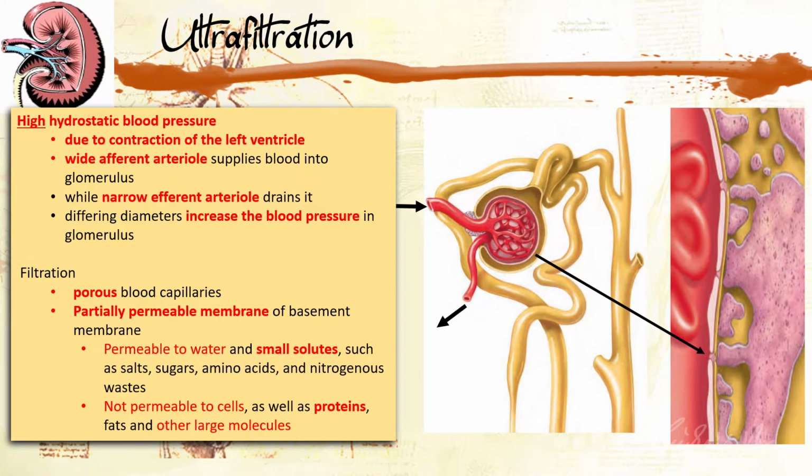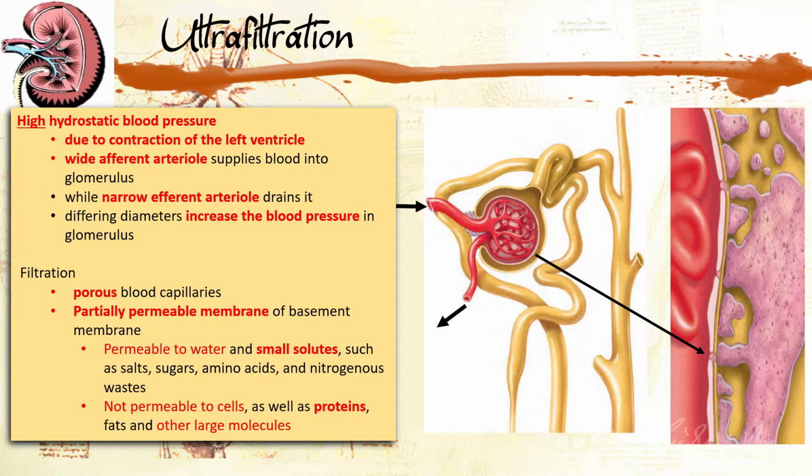What will be filtered out will be water and small solutes such as salt, sugar, amino acids, as well as nitrogenous waste. Things that stay inside our blood will be red blood cells and white blood cells, because they are too big to pass through our blood capillary, as well as proteins, fats, and other large molecules.